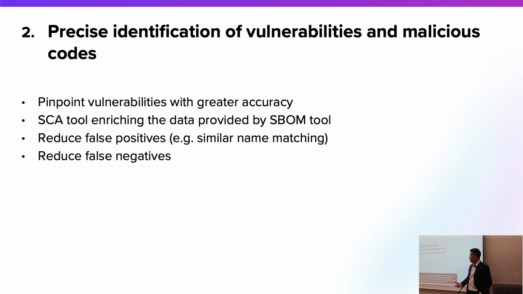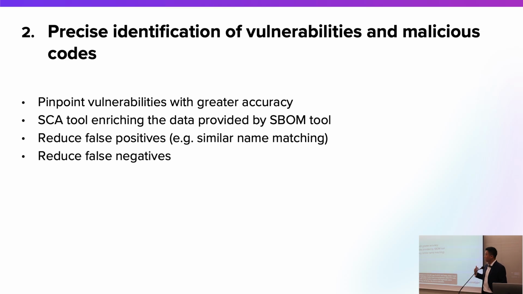On the other hand, we also help to reduce false positives, because there are some tools that use similar name matching. That means if a certain CVE has vulnerability information for, let's say, XYZ, and today when I scan this application, inside there is a component called xyz.abc, some vendors, based on this similar name matching, will tell you, hey, this is vulnerable.